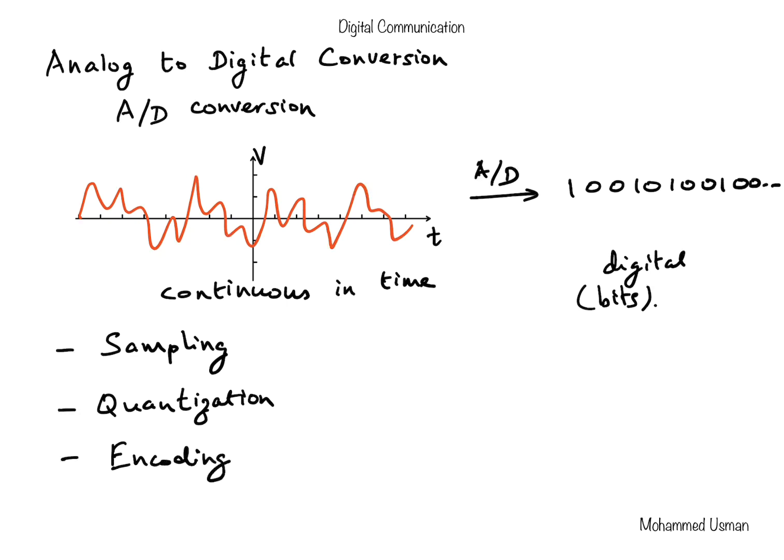So these are the three steps that need to be performed in order to convert an analog signal, which is a continuous function of time, to a digital signal, wherein sampling is the discretization of the time axis.